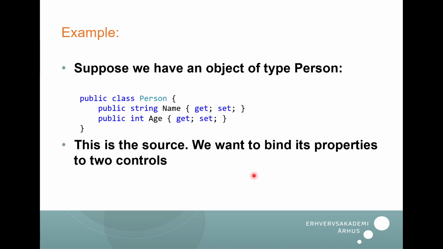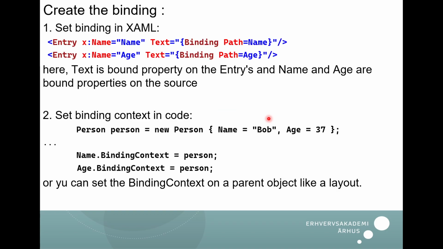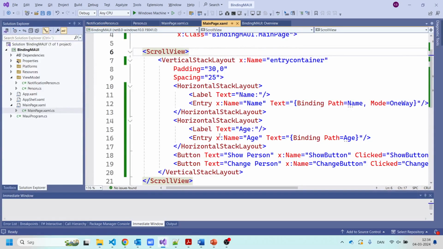So here's an example. Suppose we have a person, a very simple class, and this is the source, and we want to bind its properties to two controls. I'm going to show this in the real world now. First let's take a look at my user interface.